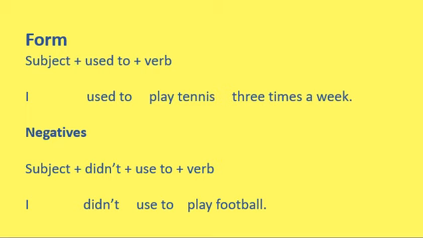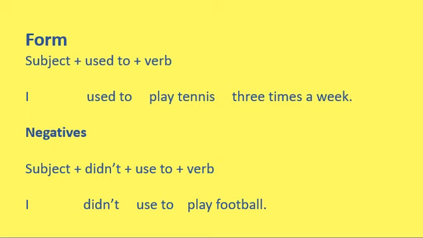We can also make negative sentences to say that something wasn't true. So we do that with the subject, then didn't, then use to, and then the verb. For example, I didn't use to play football.